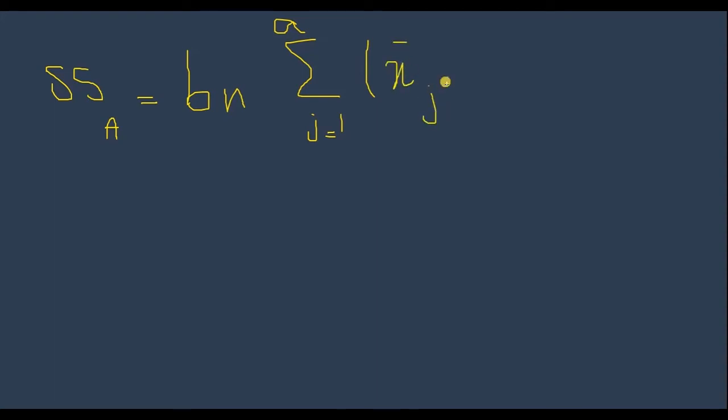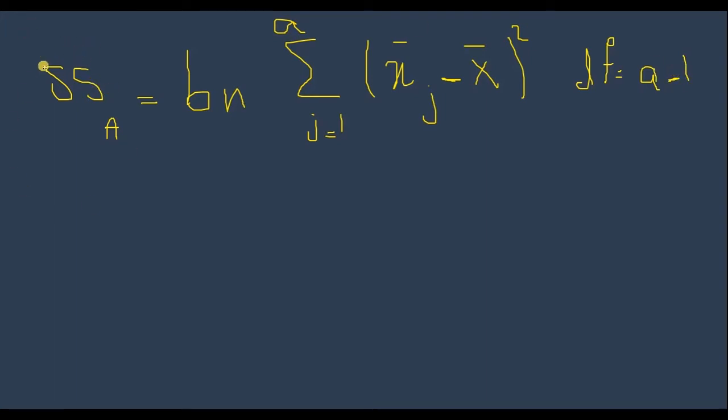So it has sum of squares for factor A, which is something like this: B n sigma j from 1 to the number of levels of factor A, which I say A, for x bar j subtracting x bar from it, power of 2, and then degree of freedom in here is a minus 1.